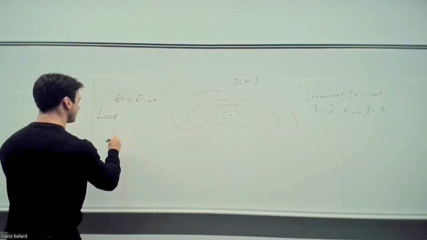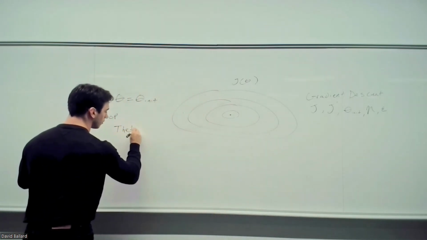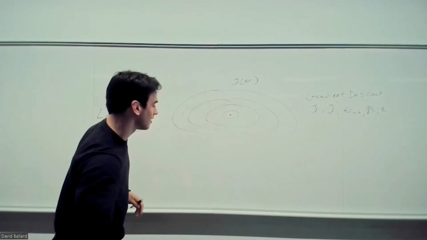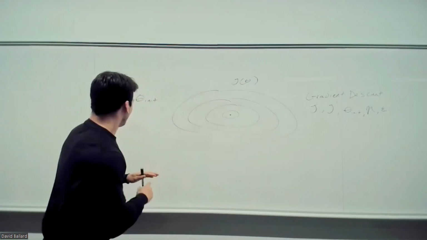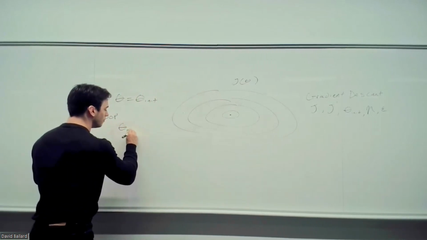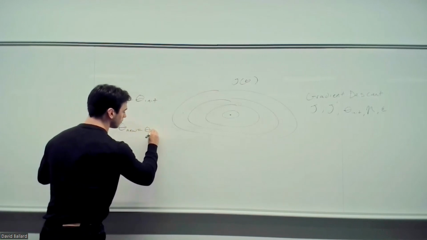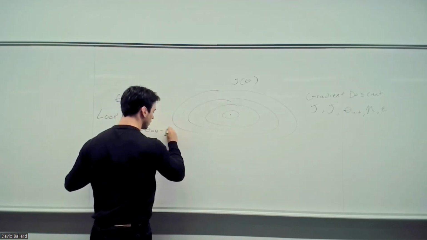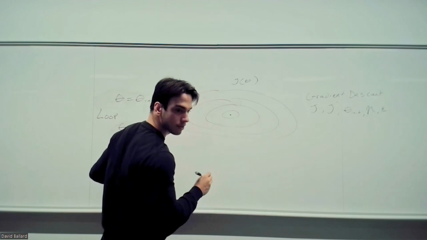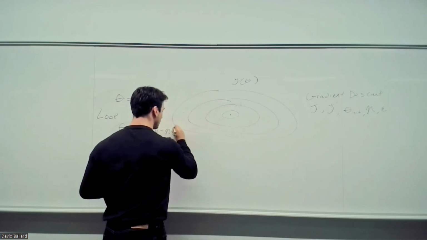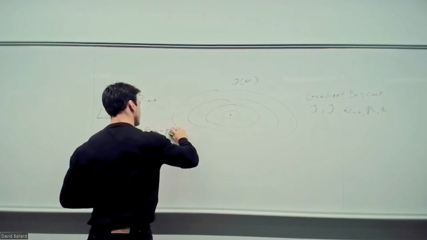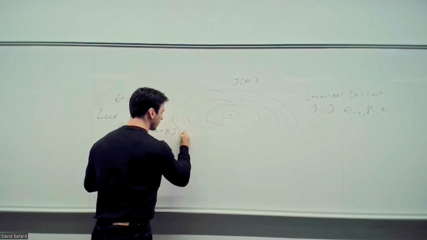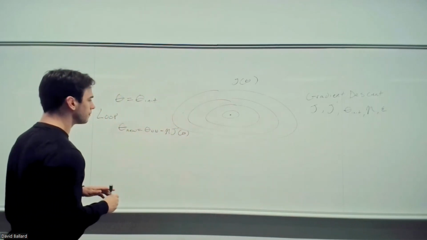Theta new is going to equal theta old minus eta times J prime of theta. So what does this mean?